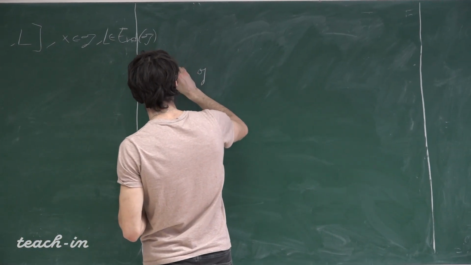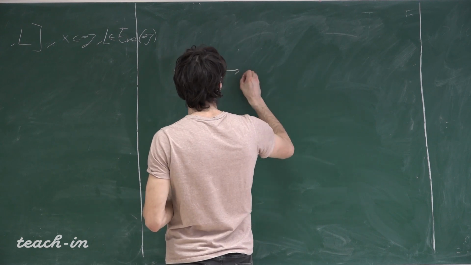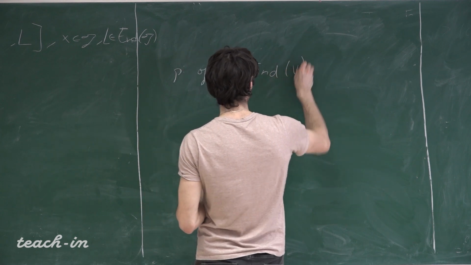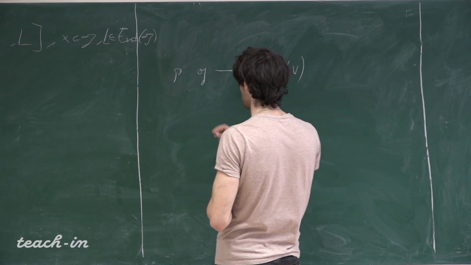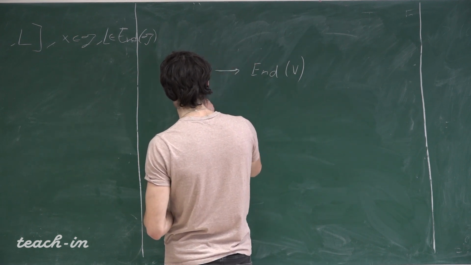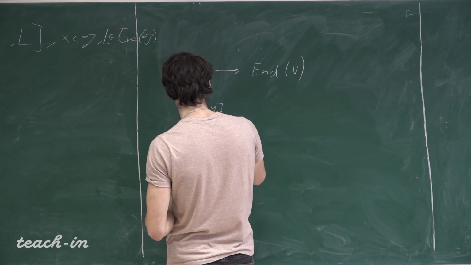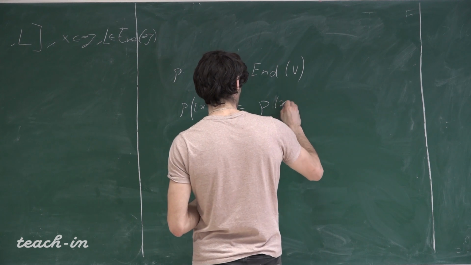It's actually a homomorphism from G to this. Right. This is an action. Homomorphism means it's a linear map such that rho respects a bracket, right? It means this.